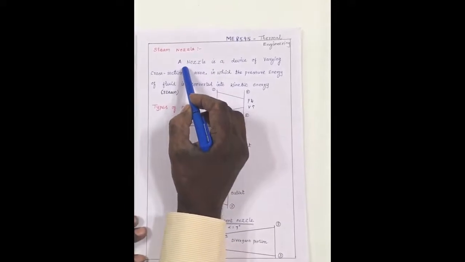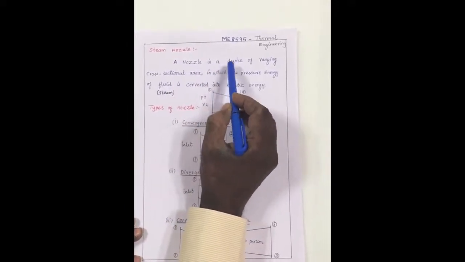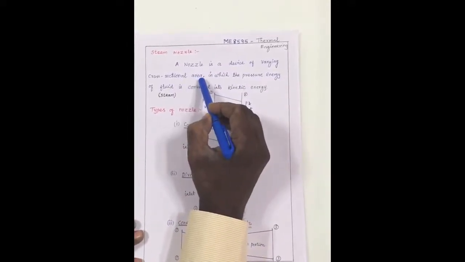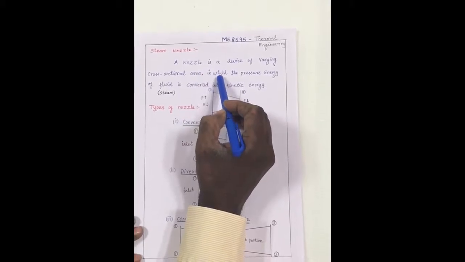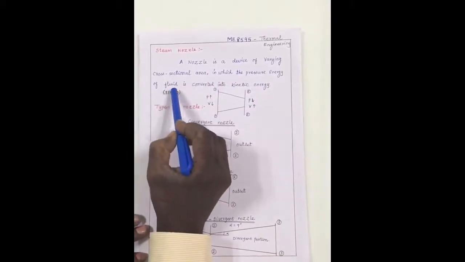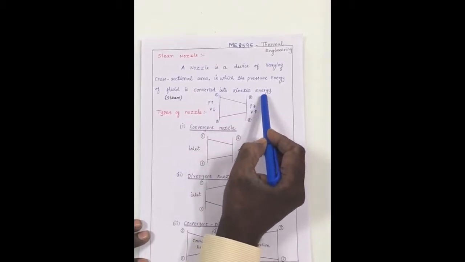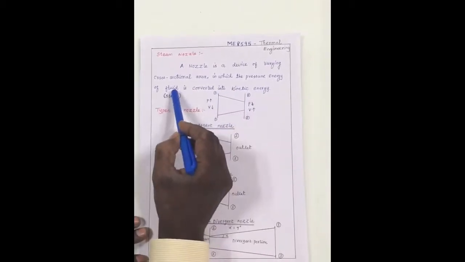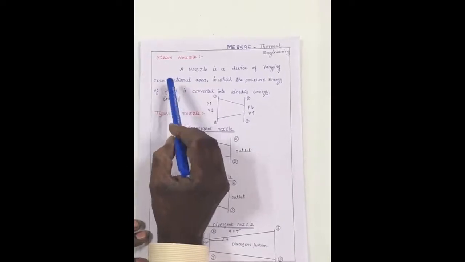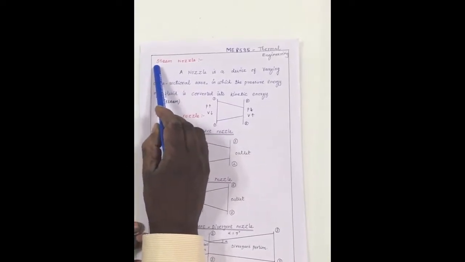A nozzle is a device of varying cross-sectional area in which the pressure energy of a fluid is converted into kinetic energy. If the fluid is steam, that type of nozzle is called a steam nozzle.